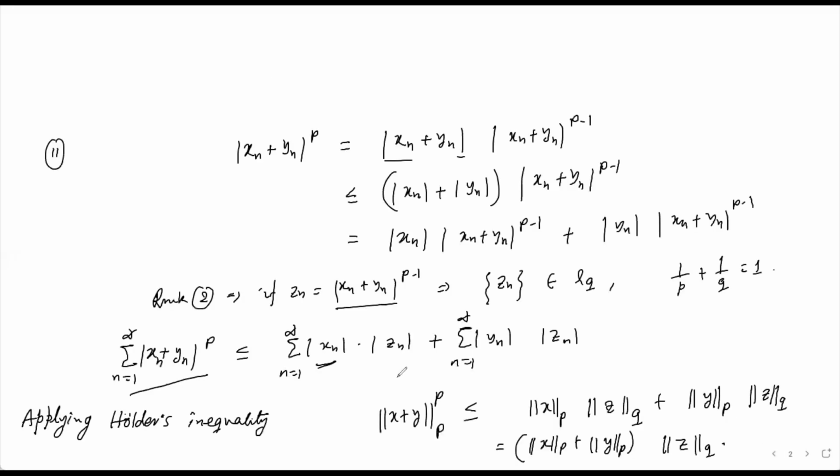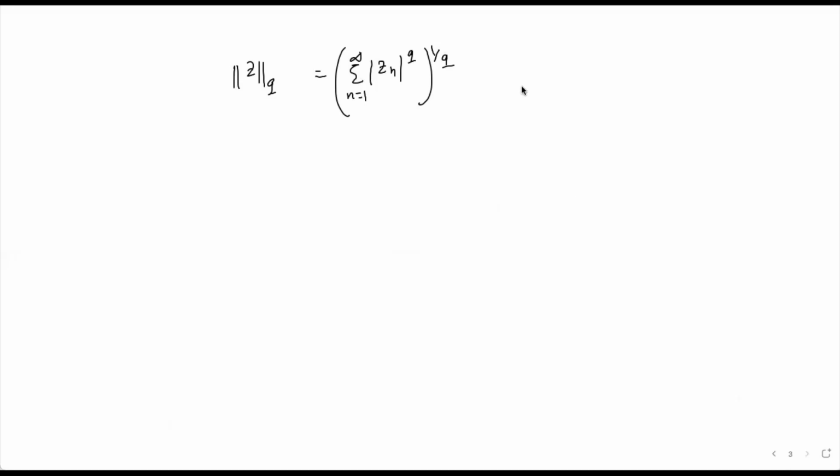So therefore, now let us calculate what the q norm of z is. This is equal to the summation of z_n^q over n equal to 1 to infinity, whole power 1 over q, and what is z_n? z_n equals this quantity, |x_n + y_n|^(p-1).